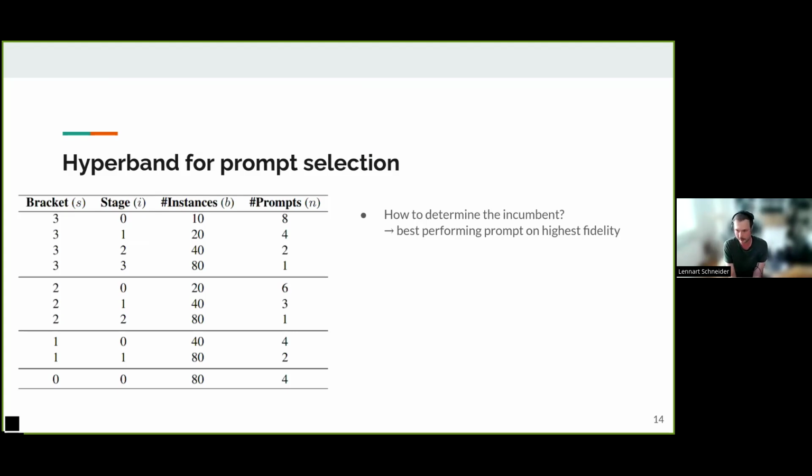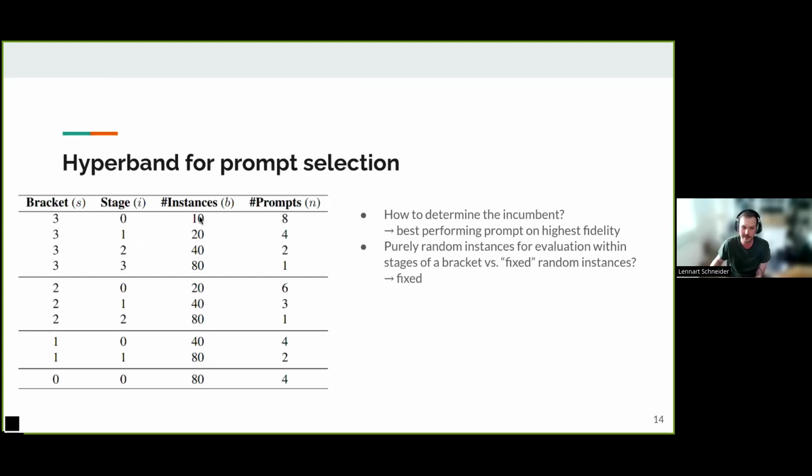So what's my best prompt? Like I said, you should pick the best performing prompt that you evaluated on the highest fidelity in the end. The other question is, do I use purely random instances for evaluation within a stage for the prompts, or do I use fixed random? So for example, if I evaluate one of these prompts, do I draw 10 instances uniformly at random?